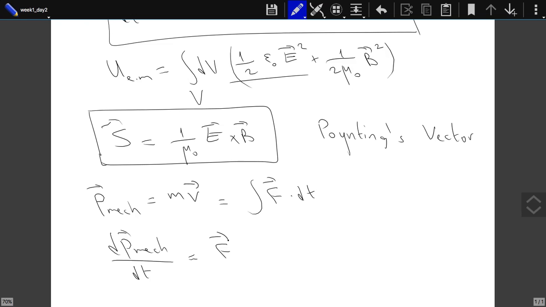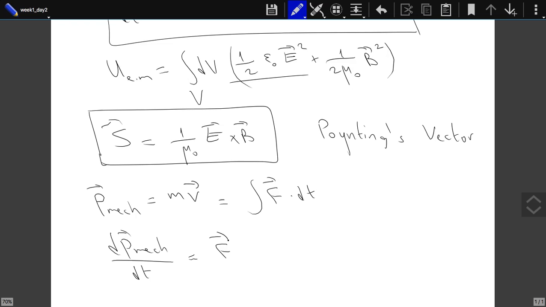Let's try to guess what the answer might look like. So how else can we interpret this? Not necessarily in terms of equations. Minus dP electromagnetic over dt. Okay, we don't know what the P electromagnetic is yet. We had determined our strategy.